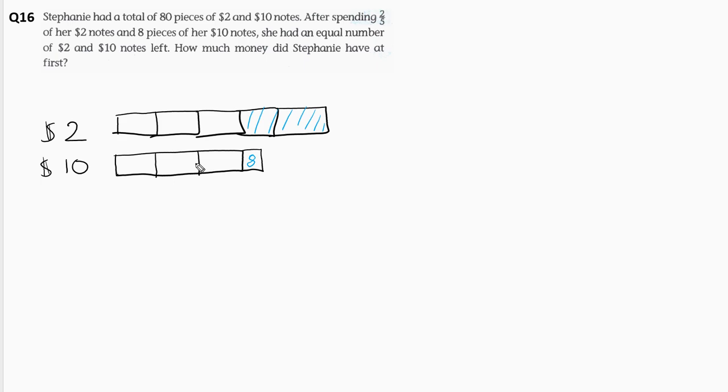That's great. What else? Well, we are also told that at the beginning, there was a total of 80 pieces. So this whole model, there are 80 pieces, 80 notes. So we've got 80 represents this whole model. Wouldn't it be great if we had a value that was just for these equal parts and not this odd 8 that's there? Well, we can do that because if we take 8 away from 80, that gives us 72.